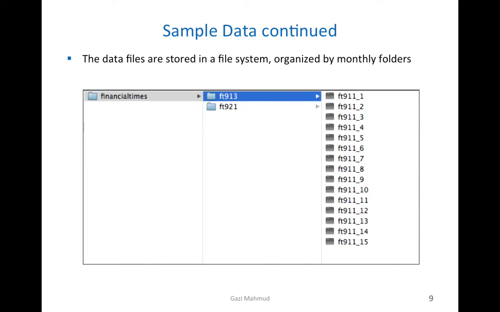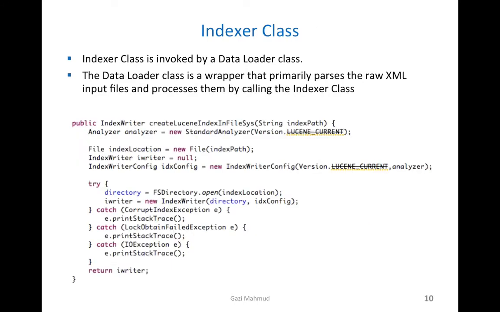On this slide, you're seeing the folder structure. I only have two folders, two buckets of articles from Financial Times. I didn't include the entire data set because the indexing could take some time, and that may exceed our allocated time for the demo. In the next slide, this is a snippet of the indexer class.